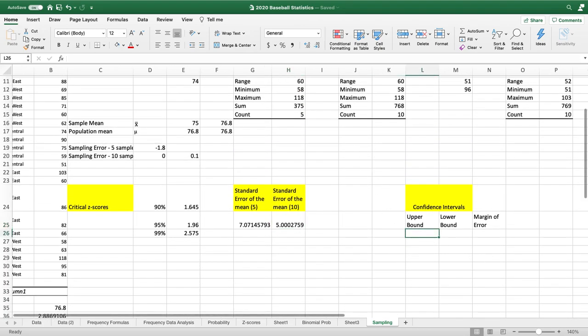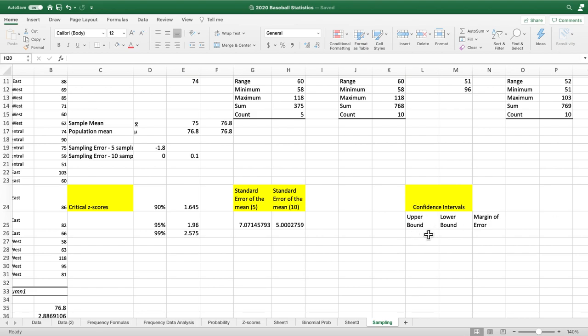To calculate the upper bound, we're following the steps on, I believe, page 339, and we need to take the sample mean.